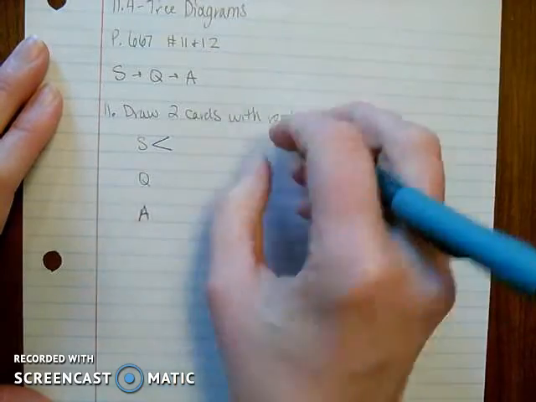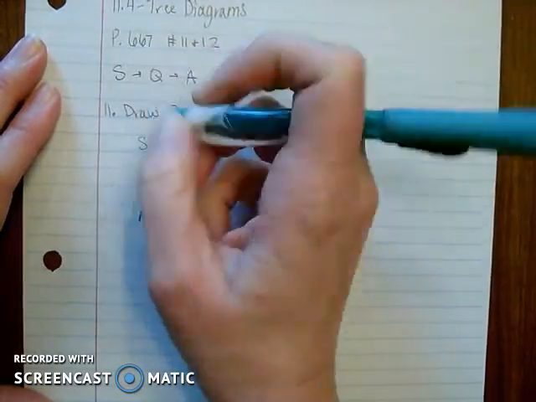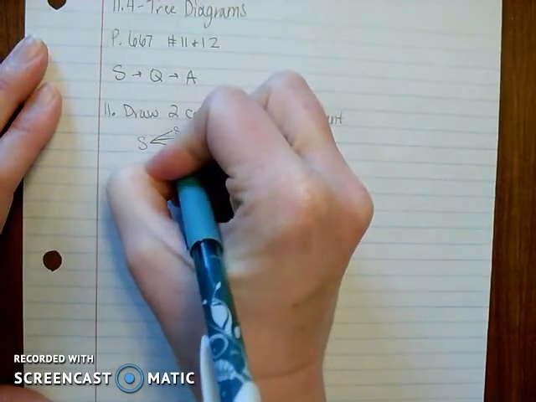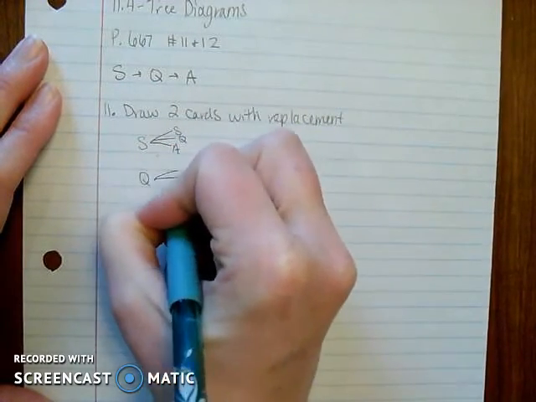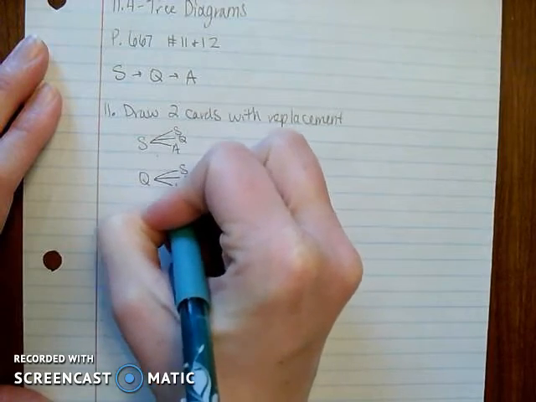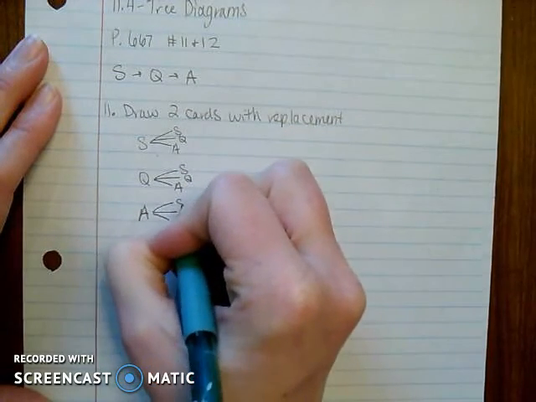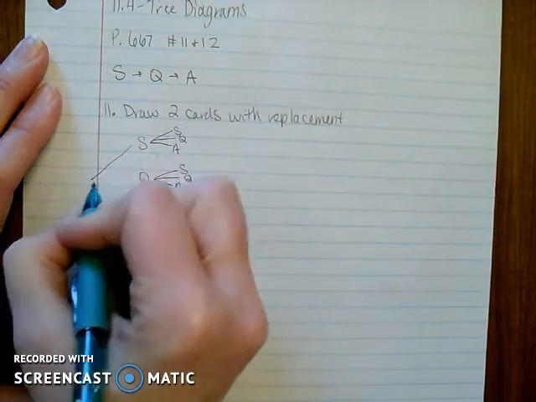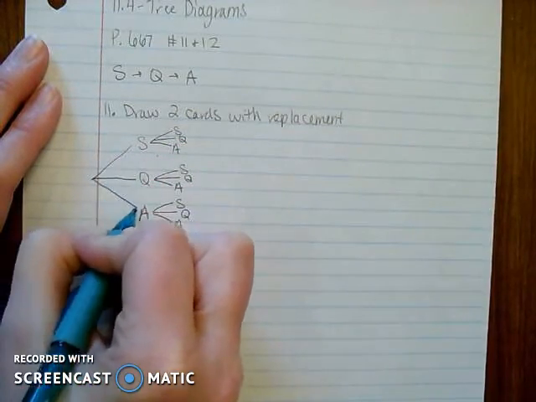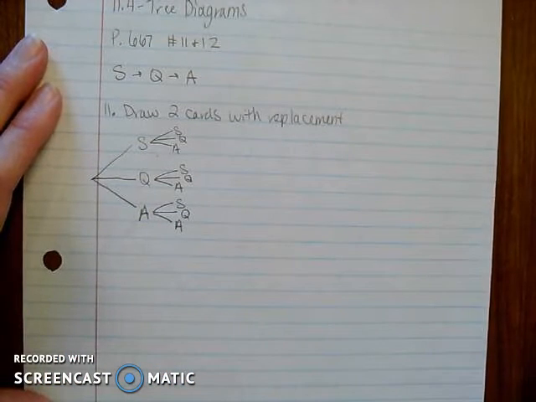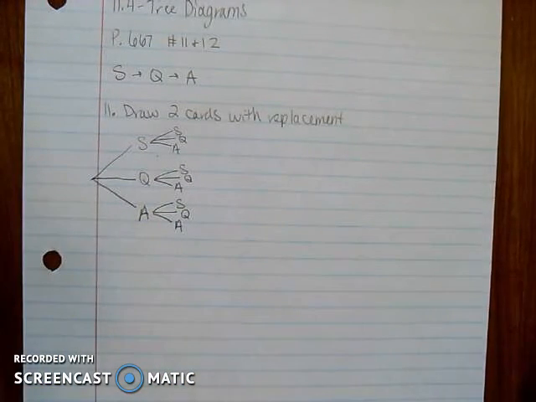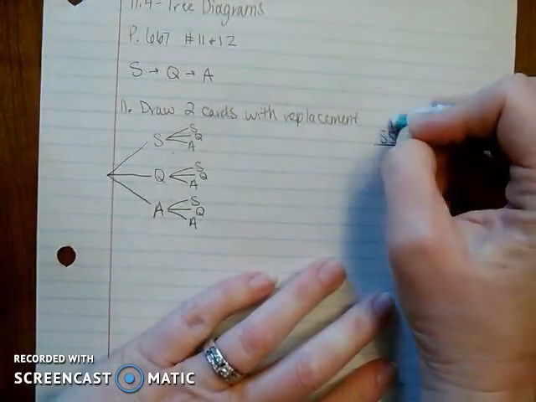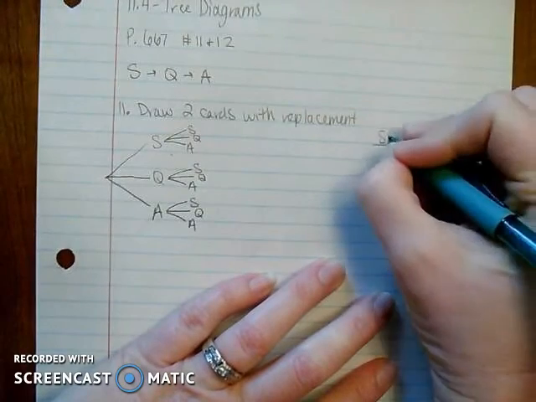So since it's with replacement, we could get those 3 cards all, again, S, Q, and A. S, Q, A, S, Q, A. So the reason we call it a tree is because they make branches.